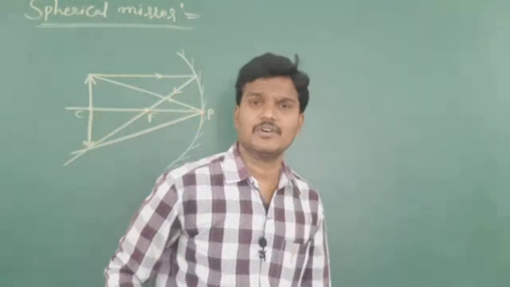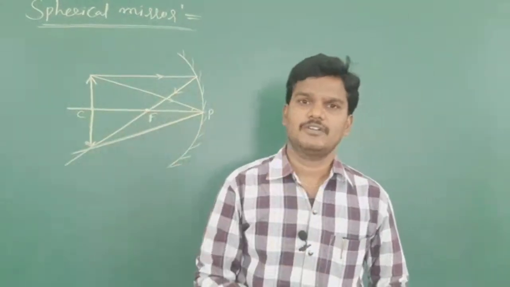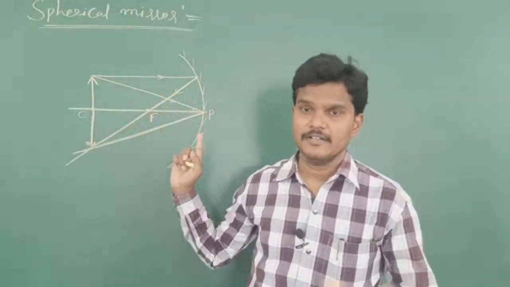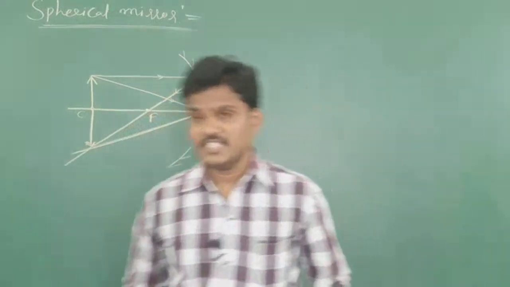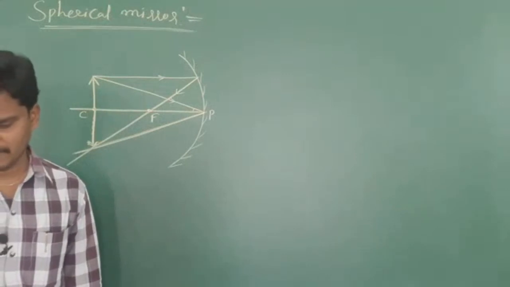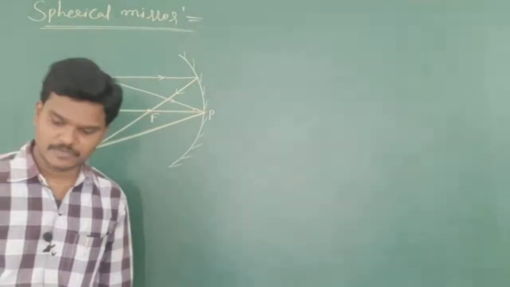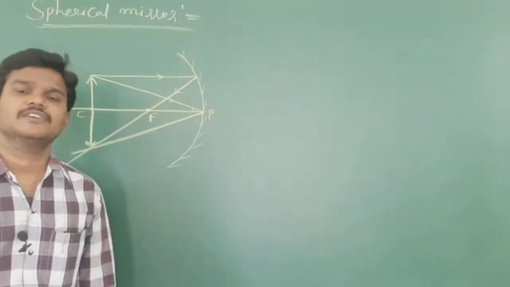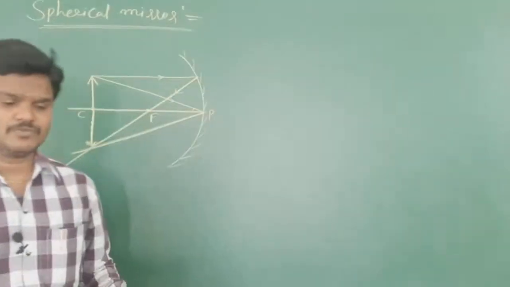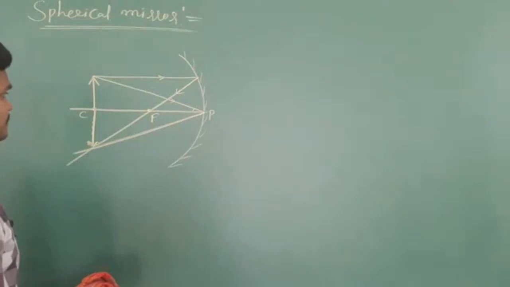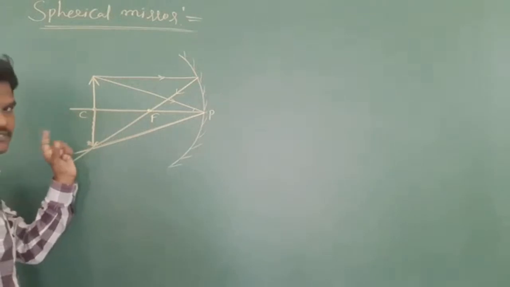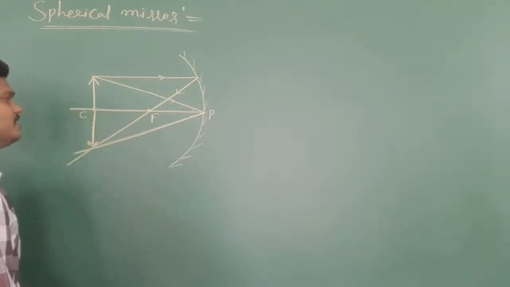If the object is placed at center of curvature of a concave mirror, then the image is real, inverted, and size is equal to object. Image size and object size are the same, but real and inverted.